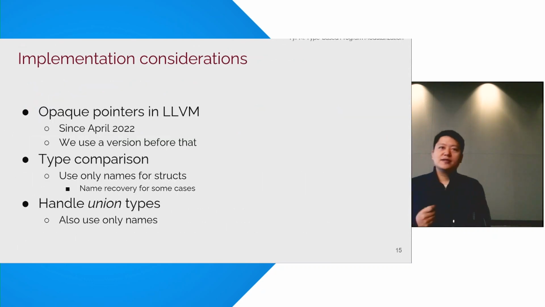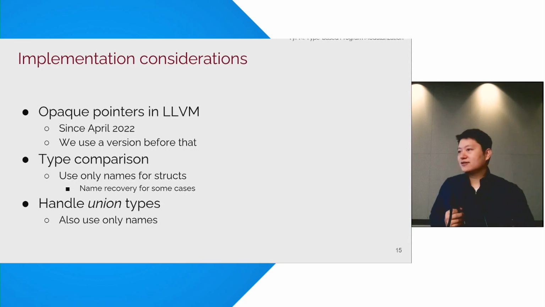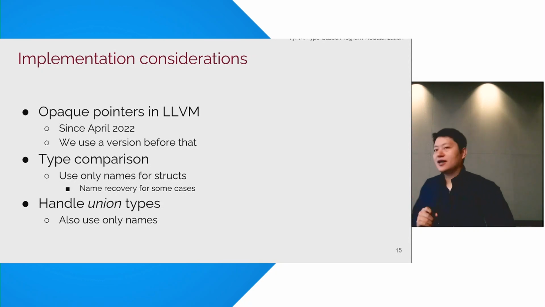So we also need to perform so-called externality analysis. Some important implementation considerations: as you may know, LLVM has switched to opaque pointers, where the type information of pointers is not immediately available. In this implementation, we use the older version where opaque pointers are not enabled. However, it's possible to make it compatible with opaque pointers because we can get the type information of pointers by looking into the metadata and the debug information.